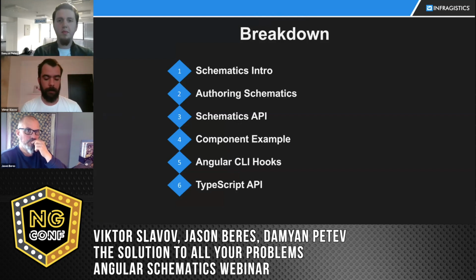So creating a component from scratch and adding it to an existing Angular project. And finally, we'll touch on these custom Angular CLI hooks, so ng-new, ng-add, and ng-update. And also Damien will take a deep dive into the TypeScript API, so you can save yourself even more headaches when updating files and touching stuff in the file system.